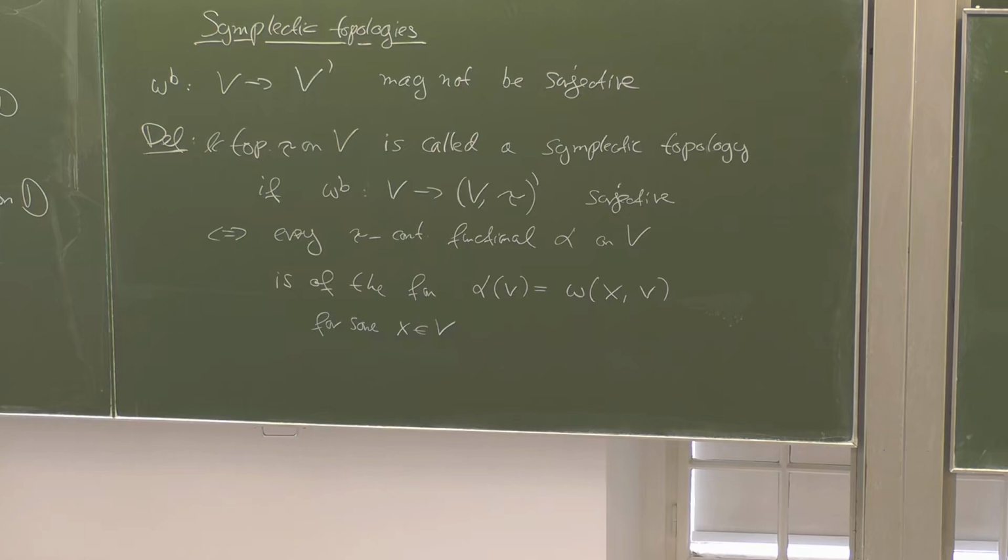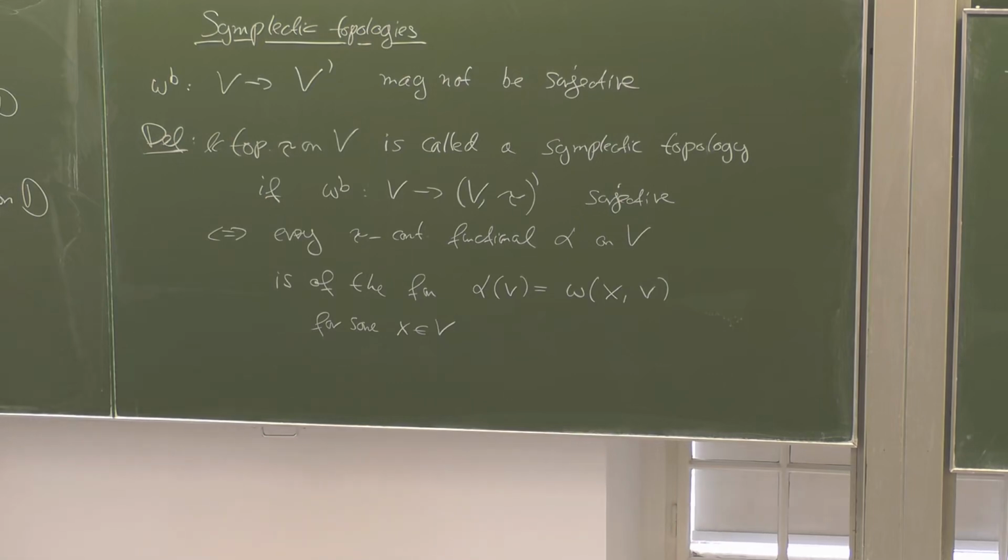So this idea of these symplectic topologies comes from something that is called the dual pair, which is a general notion that if you have a vector space and some kind of pairing, then you can consider a certain range of topologies that are given by this dual pair. That's like things that we do in functional analysis quite often.